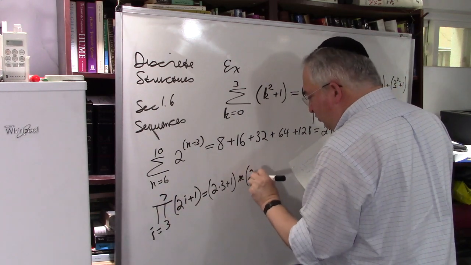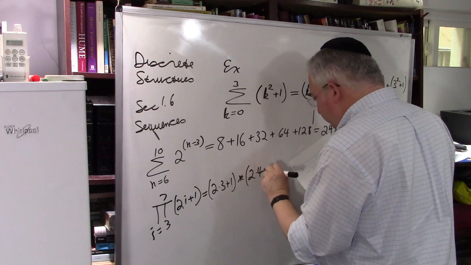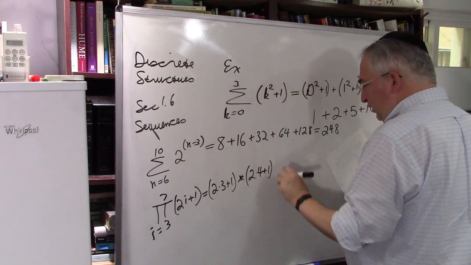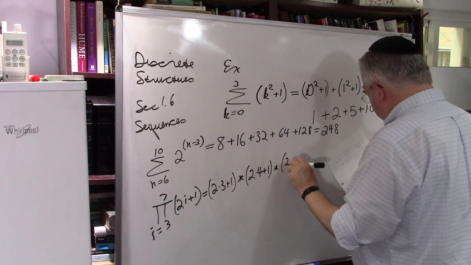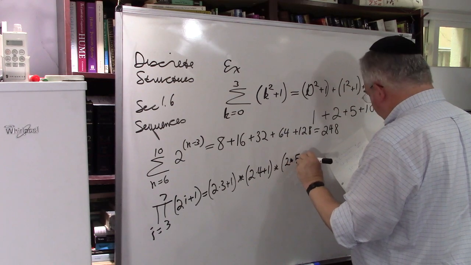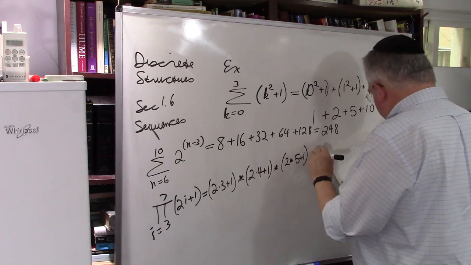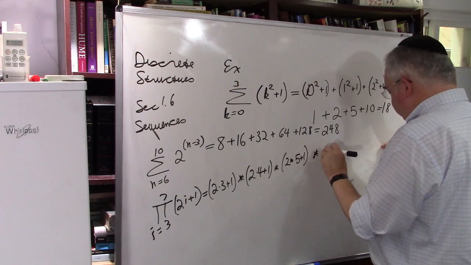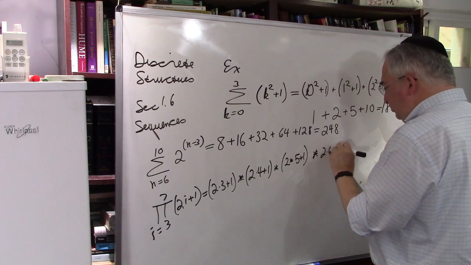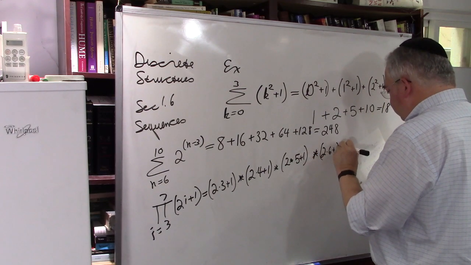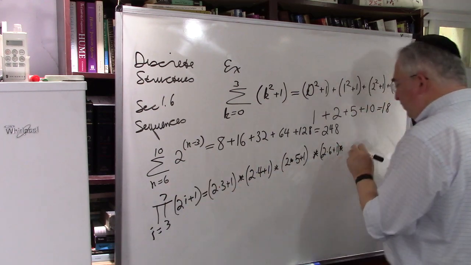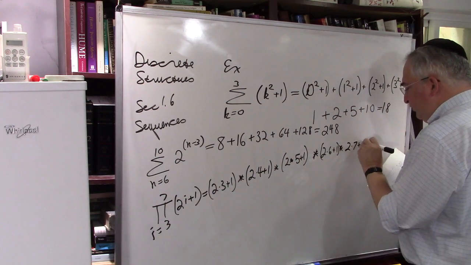2 times 4 plus 1 times 2 times 5 plus 1 times 2 times 6 plus 1 times, we go all the way till 7, 2 times 7 plus 1.